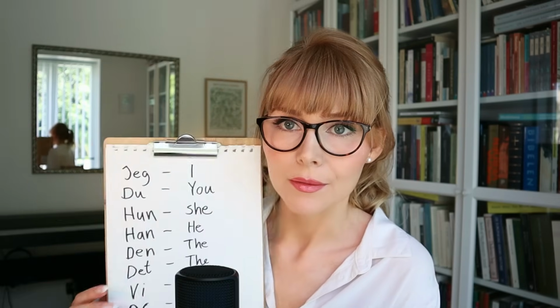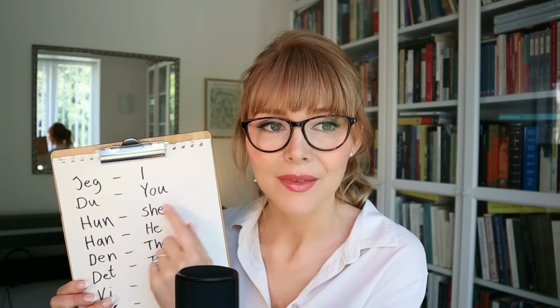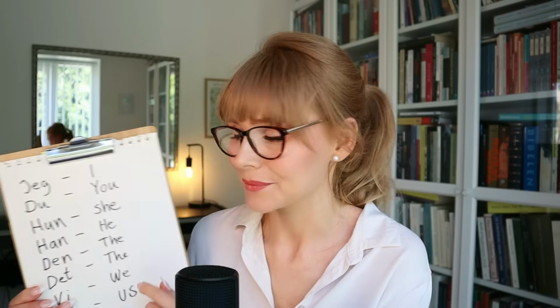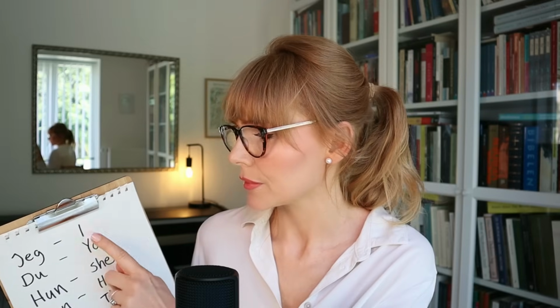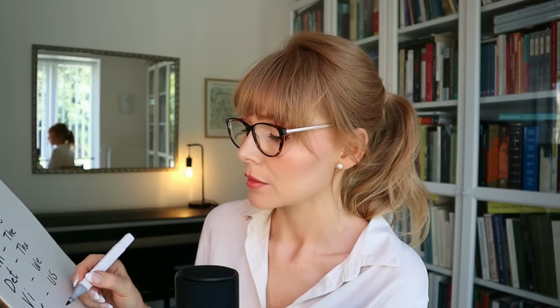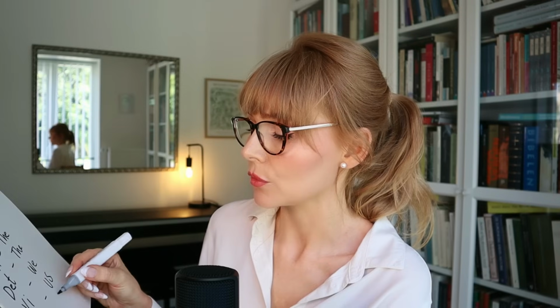And very confusingly, it is just spelled the same as when I want to say I. Jeg, I. It's not confusing because this is English. Okay. So it's different. So I just means you.